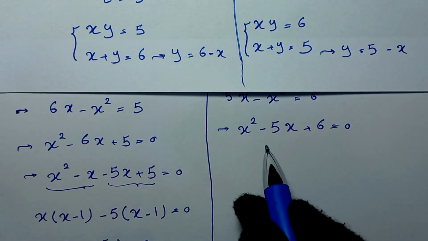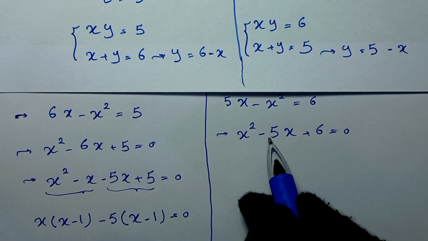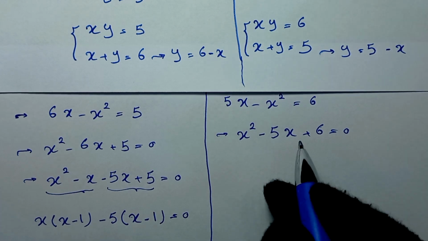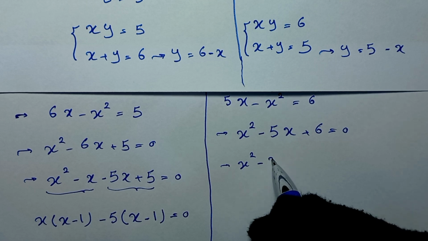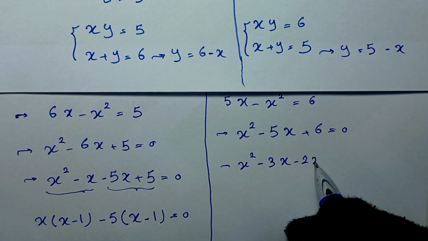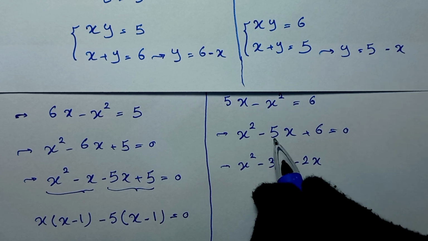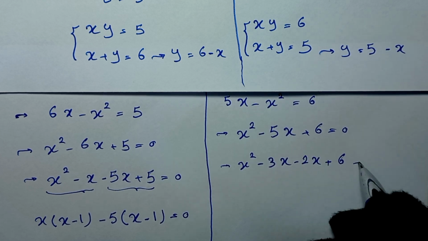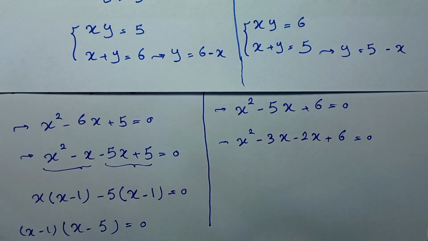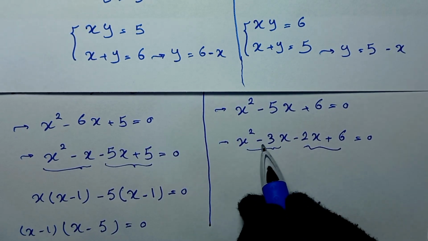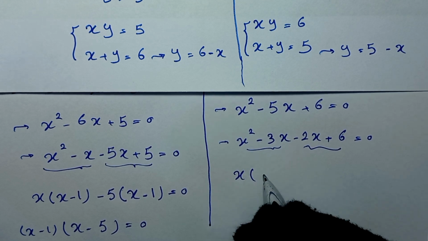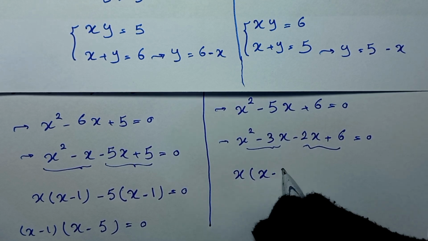And here we can write this negative 5x as negative 3x minus 2x, right? It will be negative 5x and plus 6 is equal to 0. And next step, we take these two parts together and these two parts together. In here, we factor x, and it will be x times x minus 3.